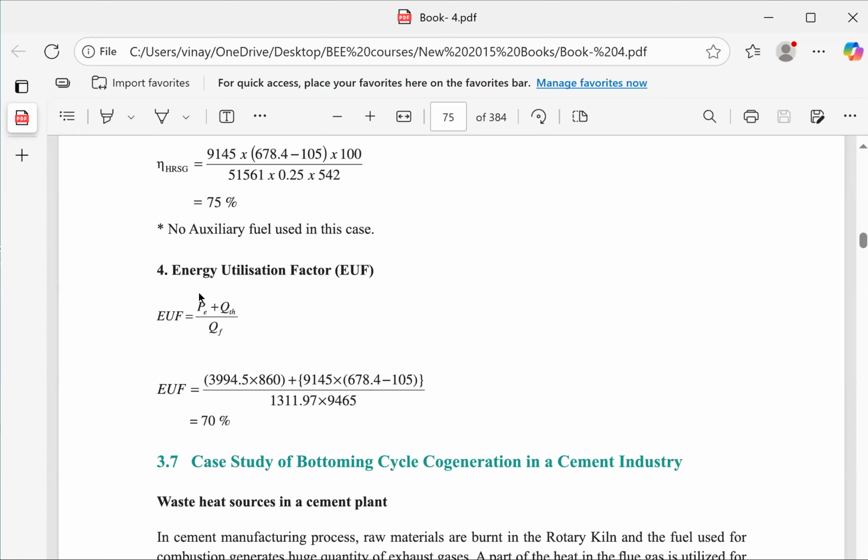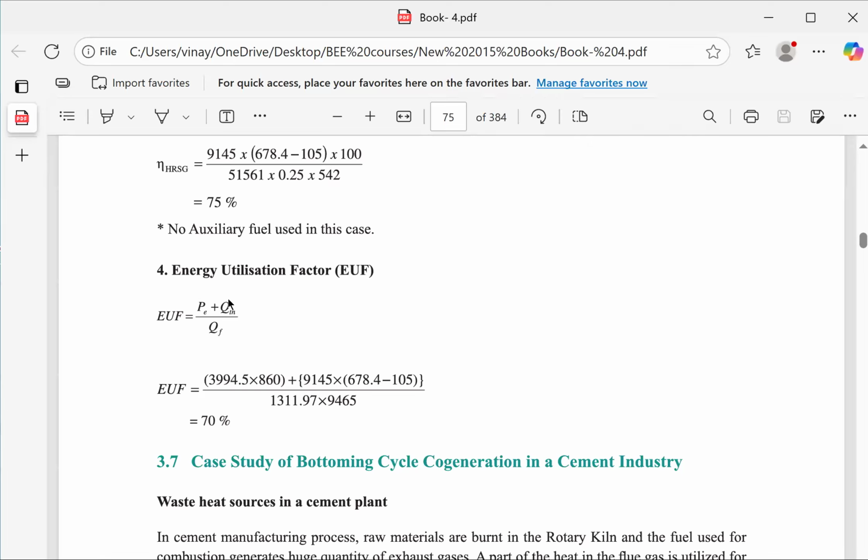What is that? P energy, power electrical plus heat, Q quantity of heat, upon Q1. The fresh steam given is divided into two purposes. One purpose is electrical energy, which is equivalent to 860 equivalent, plus the steam.